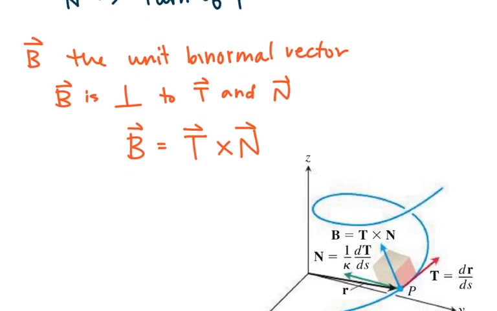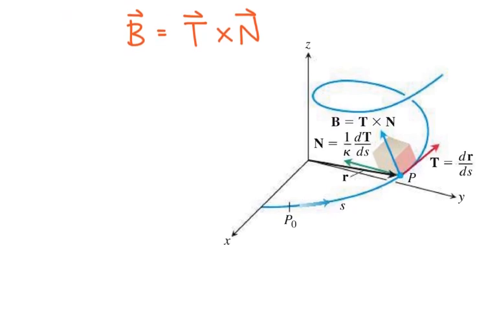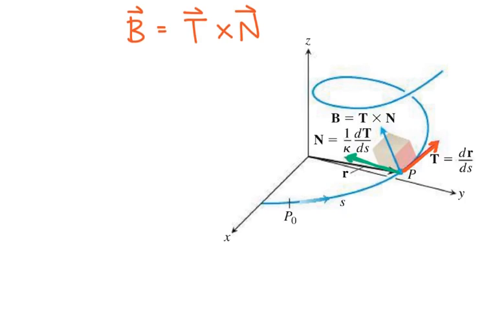The TNB frame, as we're going to discuss here, is created by these three mutually orthogonal vectors which are traveling with the motion. So you can see we have our tangential unit vector following the path of the motion. We have our normal vector, and that shoots into the curve.